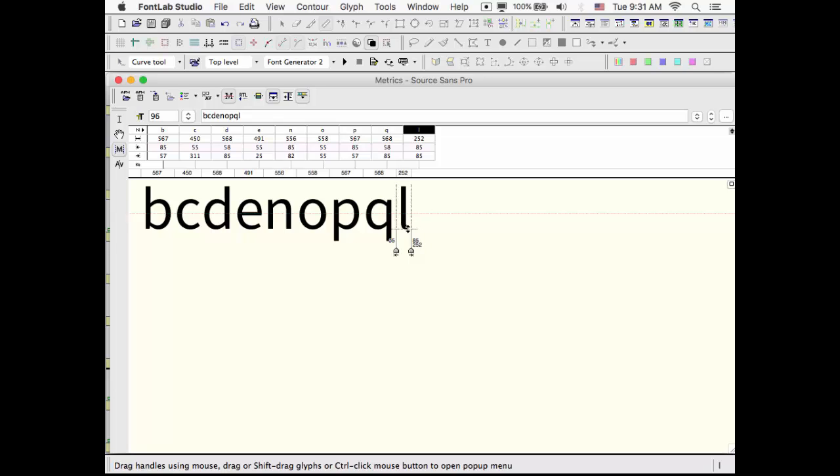Some people would instead give the foot a little more space. If this was a bolder weight, I might find myself forced to make a different decision on that. So let's say this was a black weight and the foot of that L was two to three times as thick. I might say, yeah, I can't ignore that anymore. And I might start making the side bearing take into account the foot more.